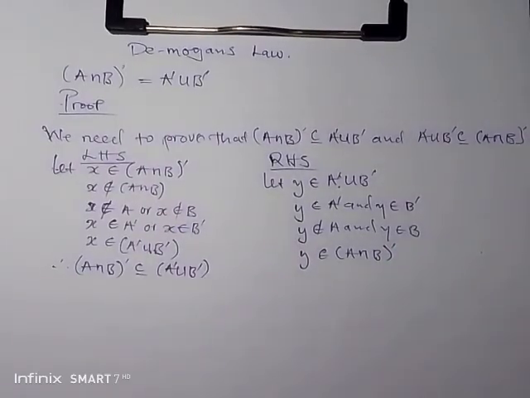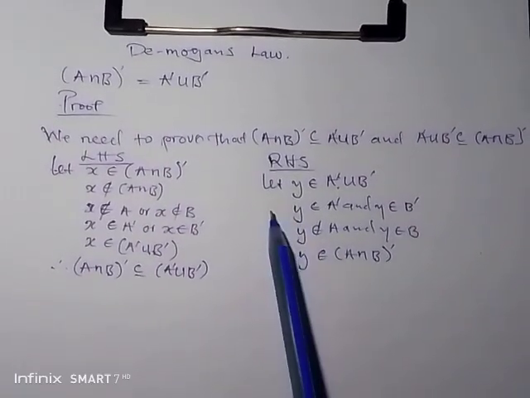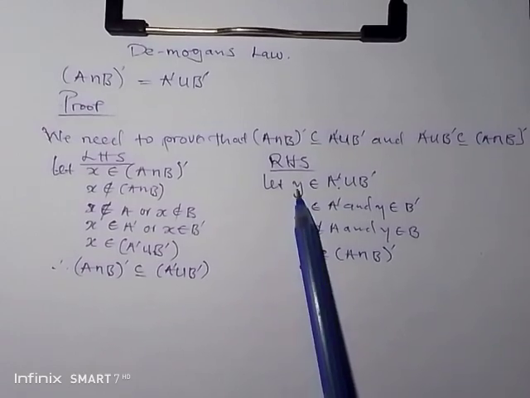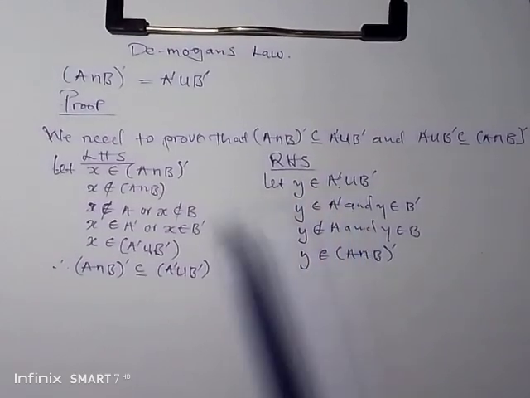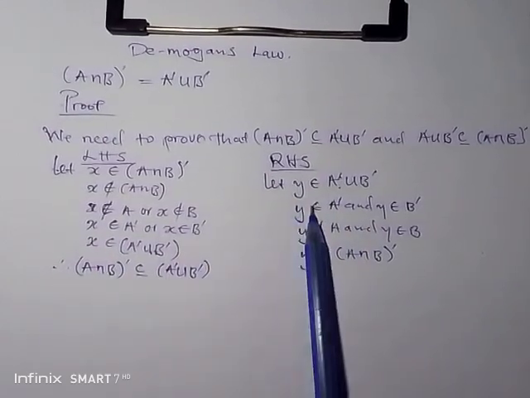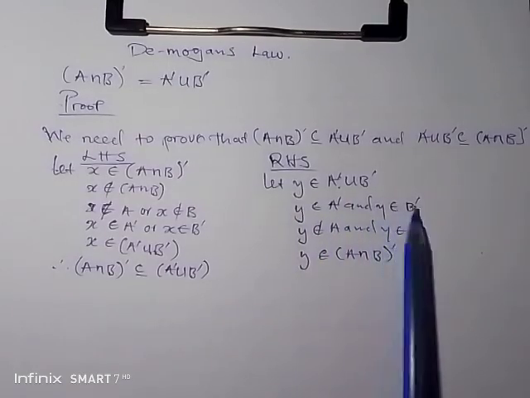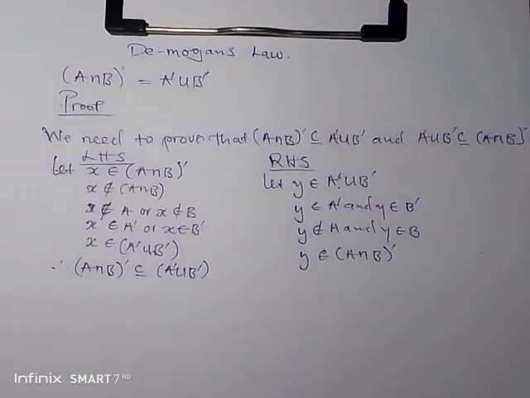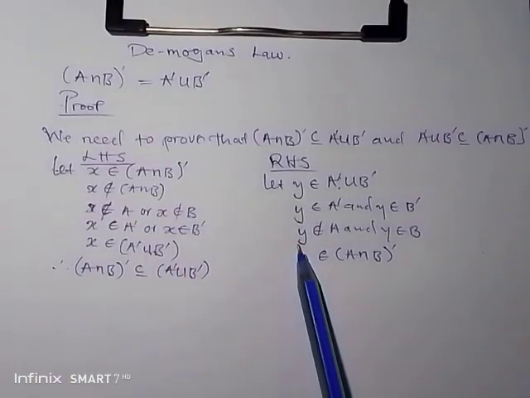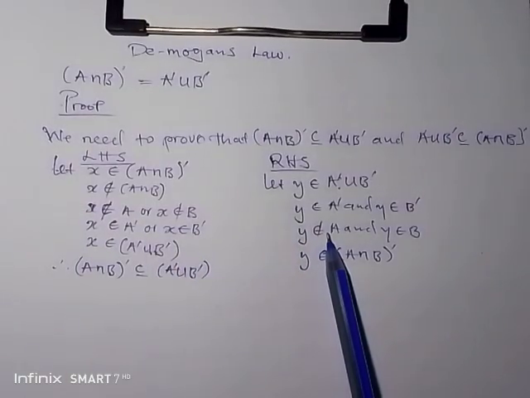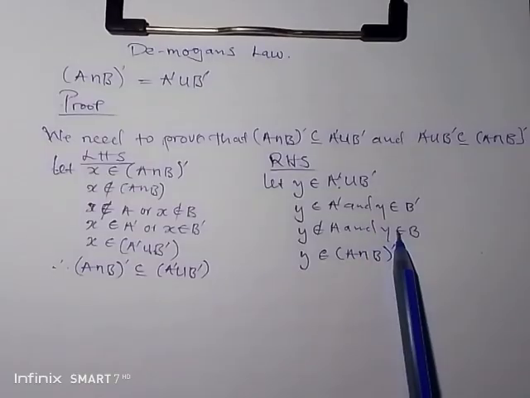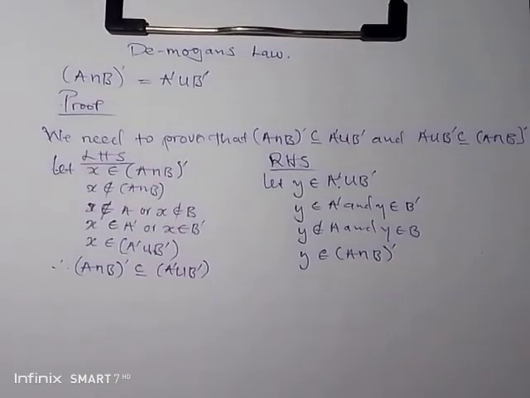Since Y is a member of A complement and a member of B complement, Y is not a member of A and not a member of B, but of something that is complemented, something that is removed.